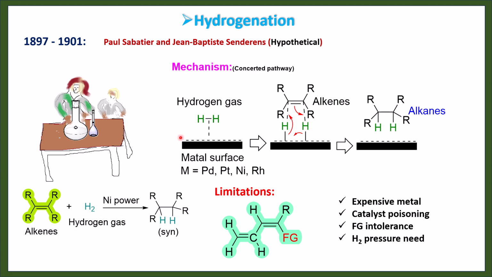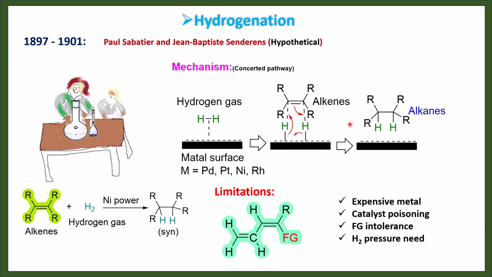Hydrogen gas initially binds with the metal surface. The metals are palladium, platinum, nickel, rhodium, and after absorption the metal hydride bond is formed. The alkene comes to the hydride side, and then in a concerted pathway the hydride transfer happens, and syn addition occurs.